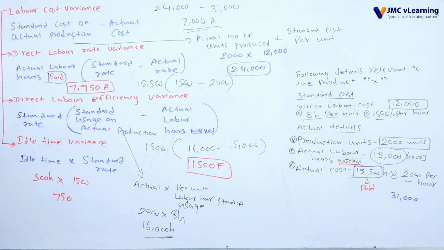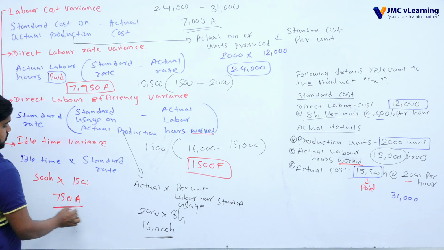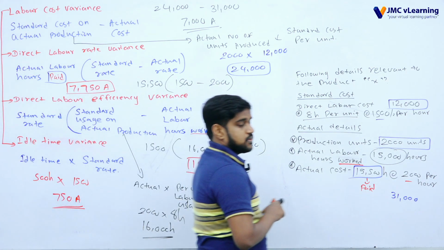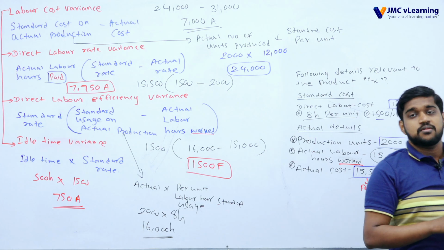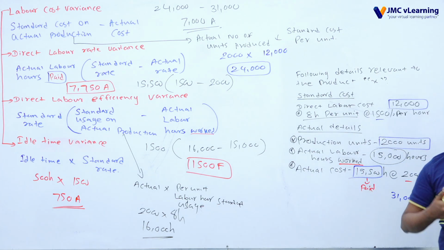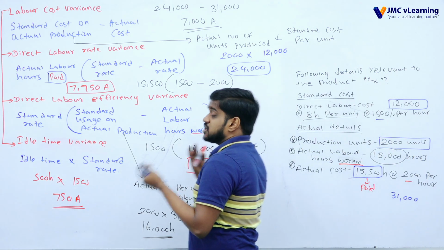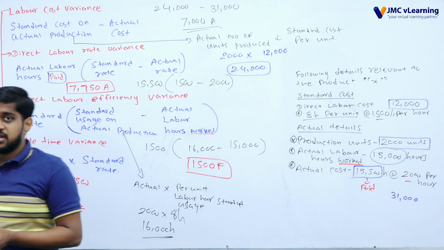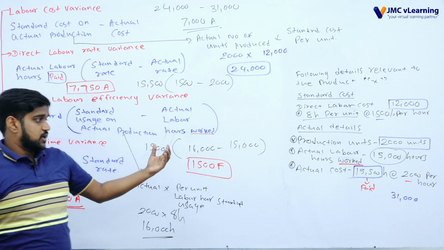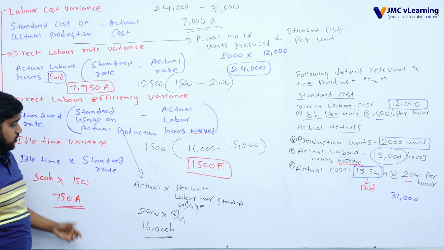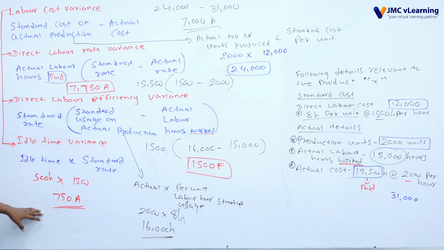Normally, idle time variance is always an adverse variance, because idle time makes a negative impact on our performance. We paid for 15,500, but actually we worked 15,000. Therefore, this idle time variance is always identified as an adverse variance. That means 750 adverse variance.